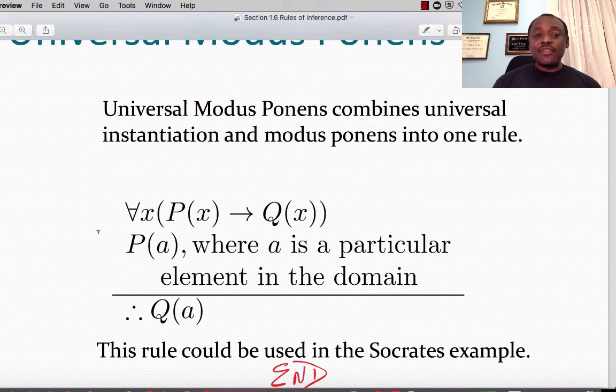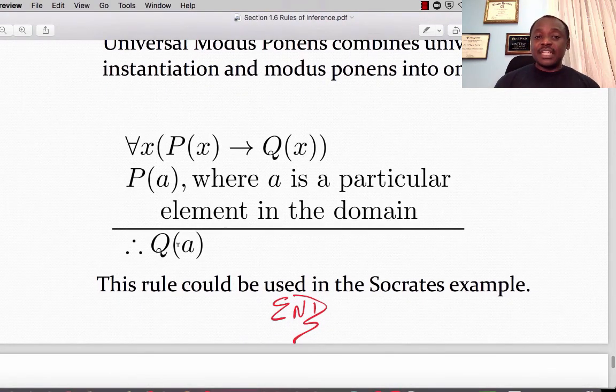If I know that for every x, P of x implies Q of x, and that P of A is true for some particular A in the domain, then I can conclude with all confidence that Q of A has to be true. And that is the rule we use in the Socrates example.